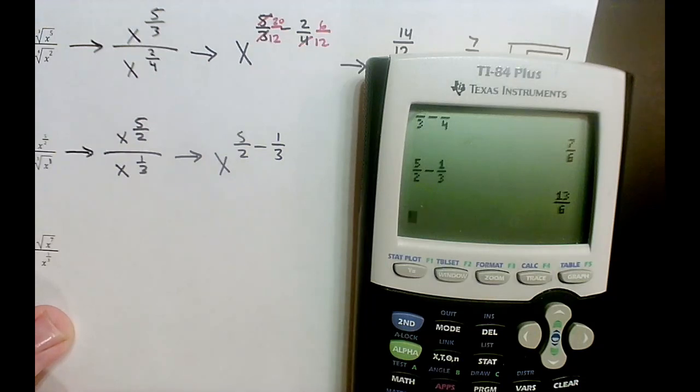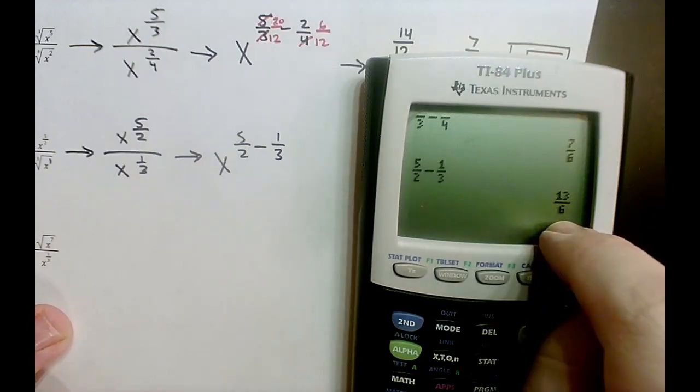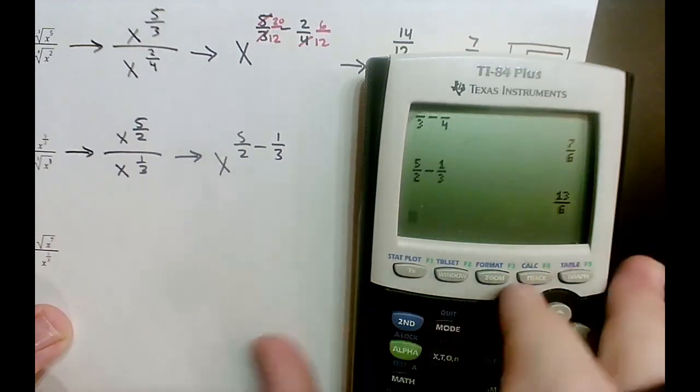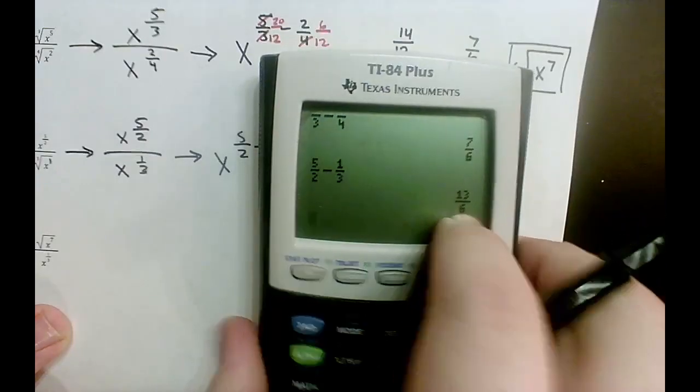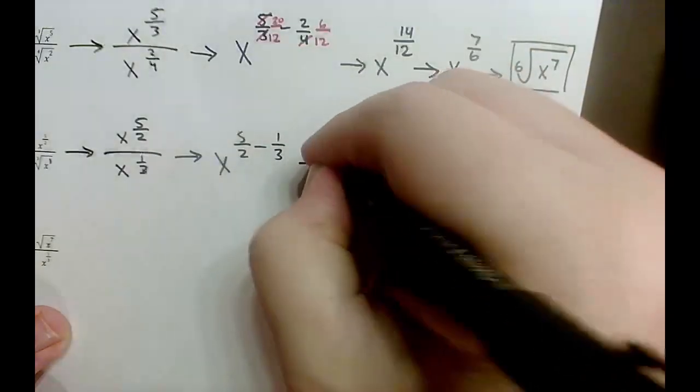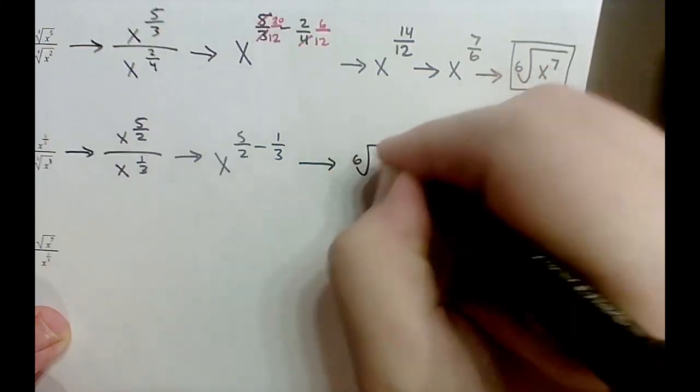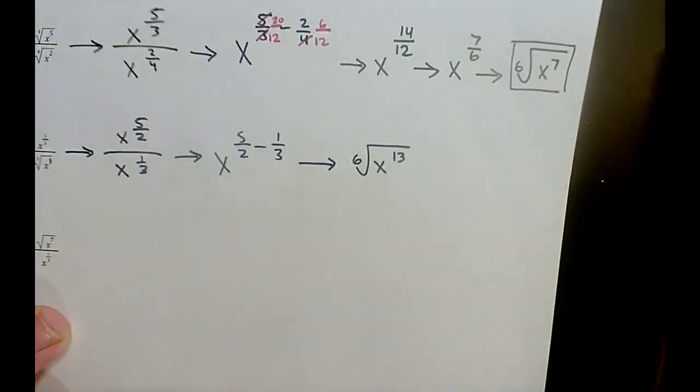And it says that the simplified version of that is 13/6. So the 6 is going to be the bottom number, and the 13 is going to be the top number. Since 6 is the bottom number, that's the index, that would give me the 6th root of x to the 13th power.